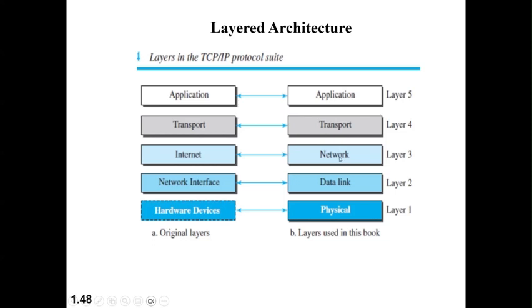Then comes the network layer. The job of the network layer is basically to find the shortest possible path in a network. Whatever data has come from the application layer is sent through the transport layer. Now, the network layer's job is to make it reach the destination. So it should find the best possible path. It should check if there is congestion in the network and take care to see that the data is going in the right path.